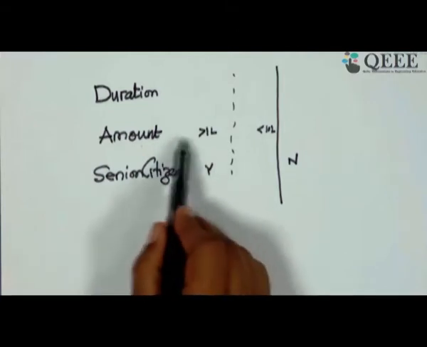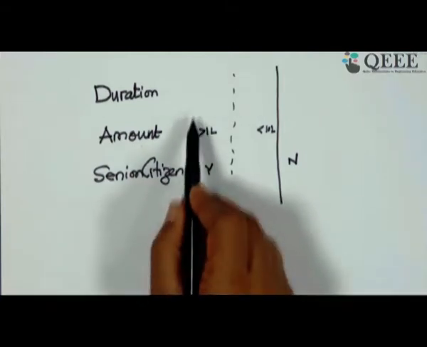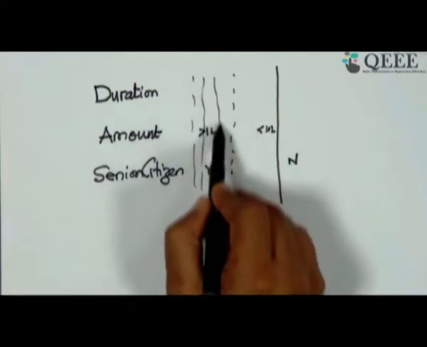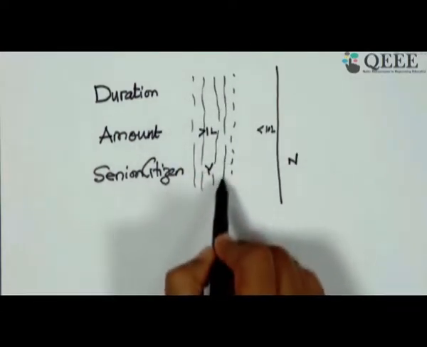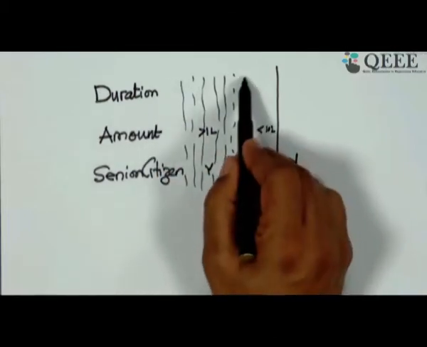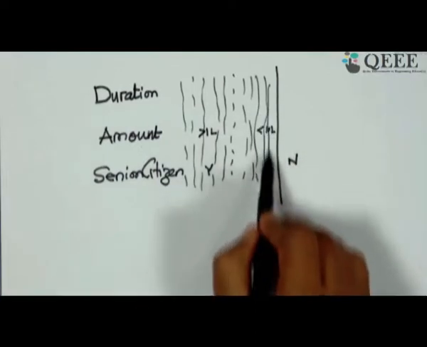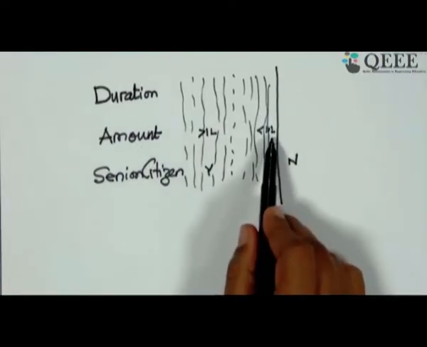So here the decision is based on the values here. All the rows here will have amount less than 1 lakh, and here it is between 1 lakh and 10 lakh.